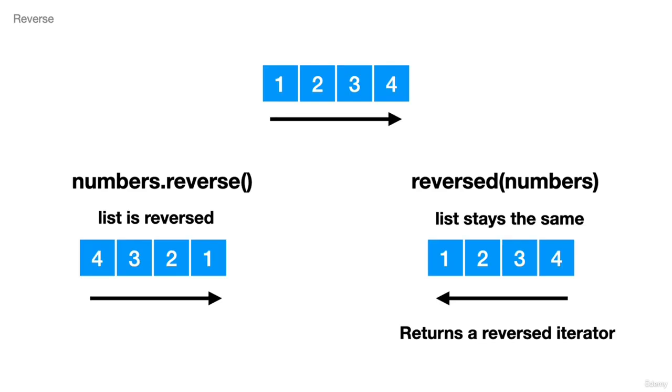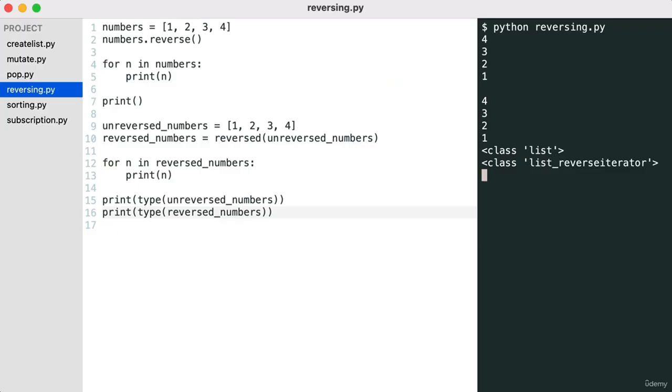So what is the impact of this? You already saw that you can loop through an iterator. But there is one thing that is not allowed with an iterator, and that is subscription. When I try to print the first item of the reversed list, an error will occur.